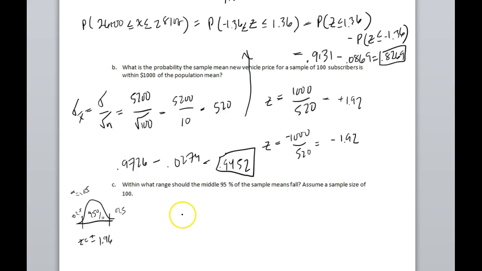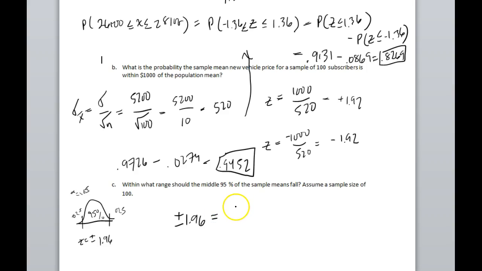This is as easy as calculating and solving for x bar in the z formula. So we have plus or minus 1.96. The plus or minus signifies that we're actually going to be doing two calculations, one for a plus, one for a minus. You'll know what I mean in a second here.